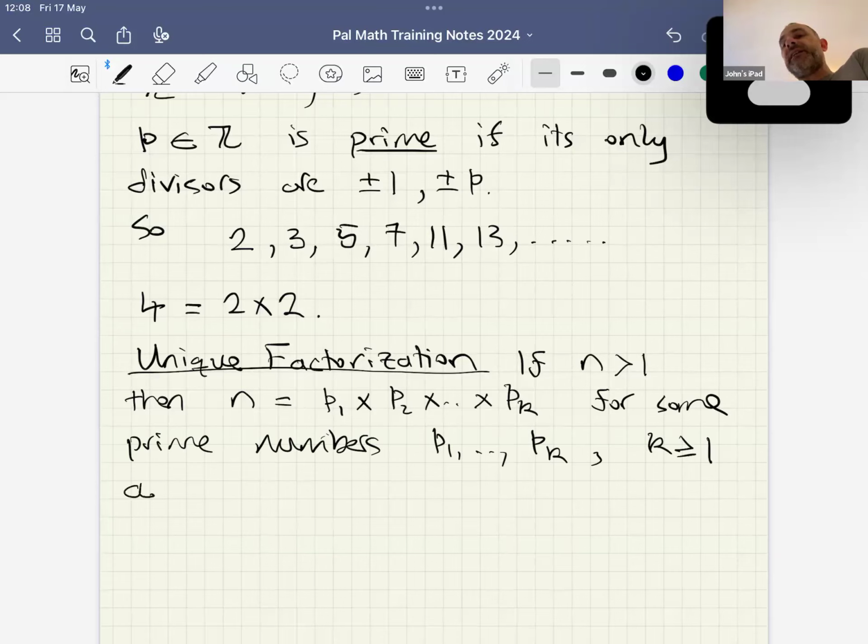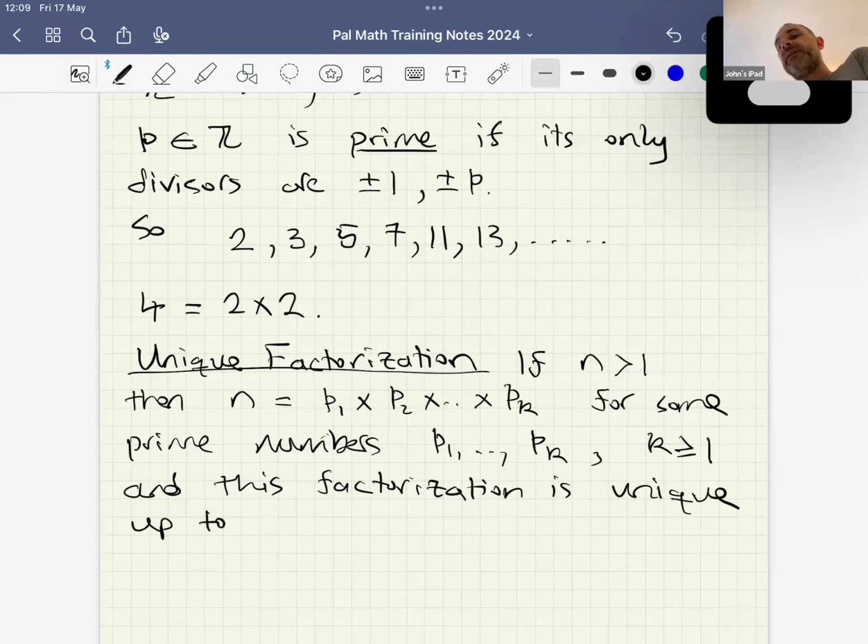And the uniqueness is to say that this factorization is unique in the sense that you can move the primes around, so up to reordering the terms.